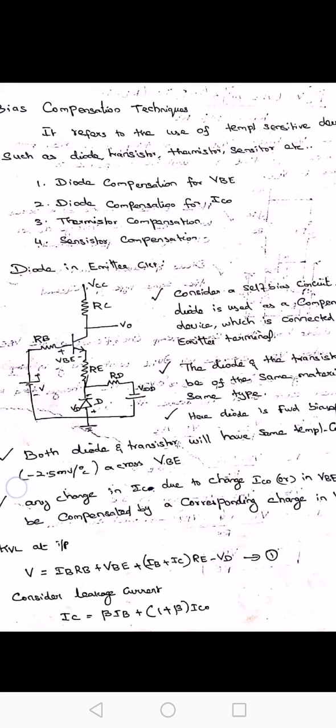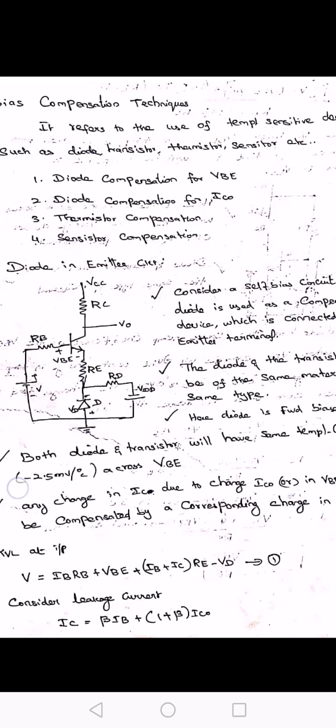This will be shown by deriving the calculation. For that, first apply KVL at the input side. So total voltage V equals IBRB plus VBE plus IERE minus VD. So this is the input circuit. In the input circuit, what are the components? This voltage, base resistance, base emitter voltage, RE resistance, and the diode voltage.